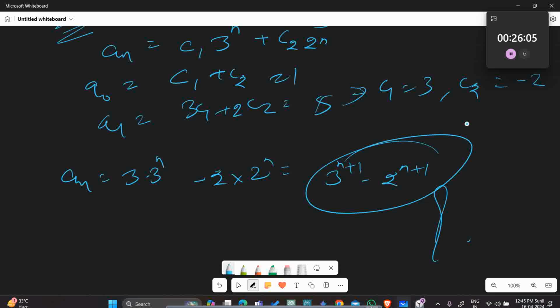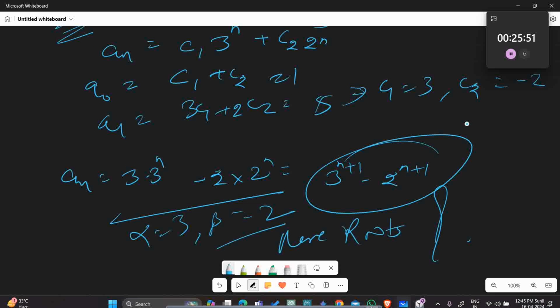Right. So here the roots are not repeated. Alpha is equal to 3 and beta is equal to 2. So here the roots are not repeating. Right.